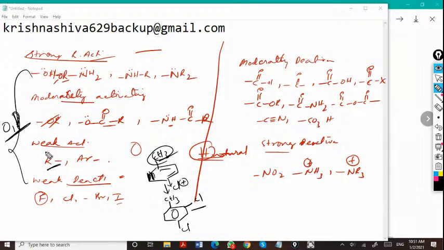Alkyl is an ortho-para donating group, so it will direct the incoming electrophile to the ortho and para positions. Left side groups direct the incoming group to the ortho and para positions, whereas right side groups are meta directing.